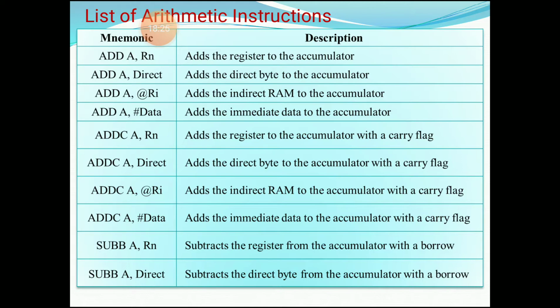This instruction adds the contents of register Rn with the content of the accumulator along with the carry flag, and the result is stored in the accumulator. Next, the subtraction instruction subtracts the content of register Rn from the content of accumulator A, and the result is stored in the accumulator. These depend upon the addressing mode. The controller takes the source data from the instruction directly, that is immediate addressing mode, or from register addressing mode, or register indirect addressing mode.